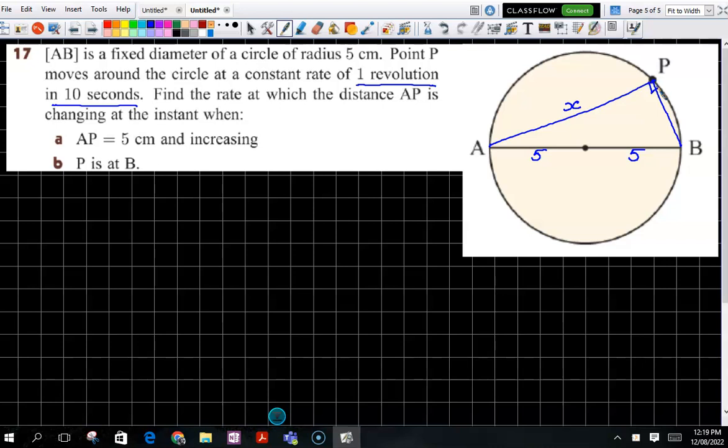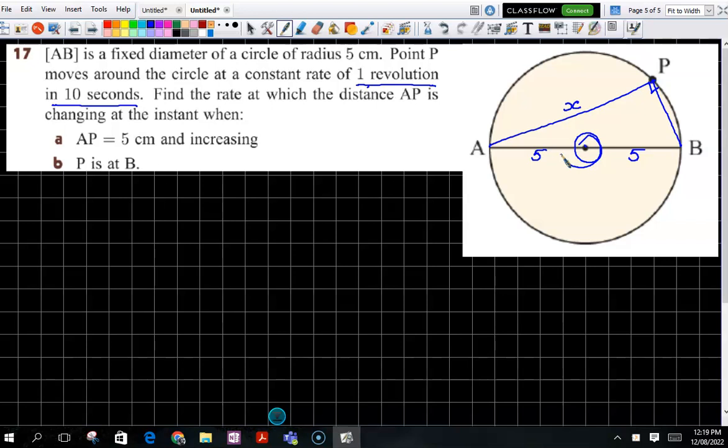But the bit that's going on is one revolution in 10 seconds, and P is moving all the way around in 10 seconds. So how are we meant to get that into it? We need to include the angle that it's going around the circle.